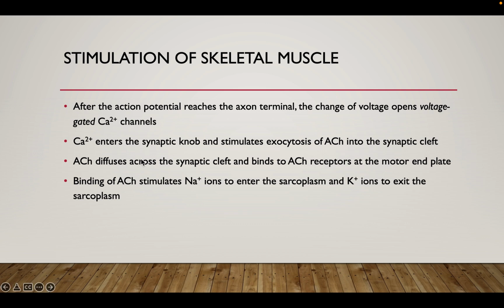So after we exocytose that acetylcholine into the synaptic cleft, the acetylcholine has to go somewhere, and it's going to diffuse across the synaptic cleft and bind onto our motor end plate of our muscle fiber with its receptor, and it will bind to those receptors on the sarcolemma at the motor end plate. Okay, when acetylcholine binds here, it opens up sodium ion channels to rush into the sarcoplasm, and then potassium ions will leave the sarcoplasm. Okay, so you get the continuation of our action potential.